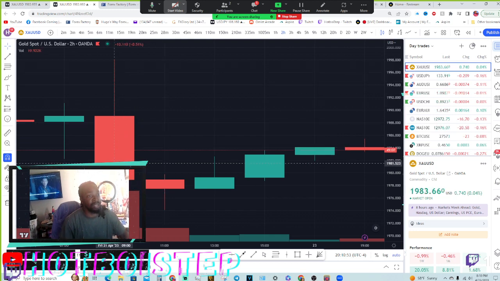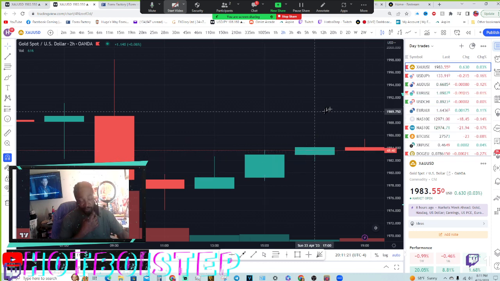It could have gone way down here, but anything that it did during this time frame, it stopped right here, and it even went down here a little bit and it stopped right here. That's all that means. For this green candle right here, it started off here and it ended here, but somewhere within this 2-hour time frame, it went somewhere up here and somewhere down here. And that's basically how you read candles.